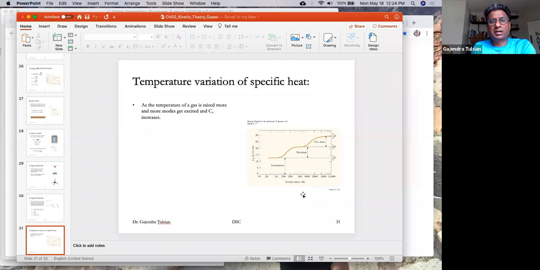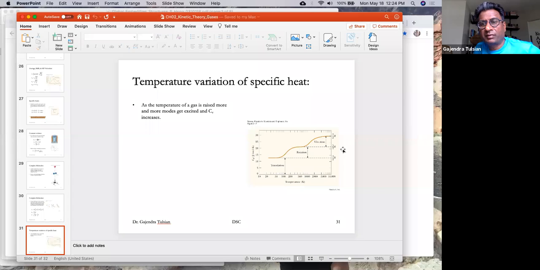All right, so here is CV plotted for a hydrogen molecule. At low temperature, even the rotational degrees of freedom are not excited, so CV is 3/2 R. At room temperature, up to 500 Kelvin, the rotational degrees of freedom are excited.